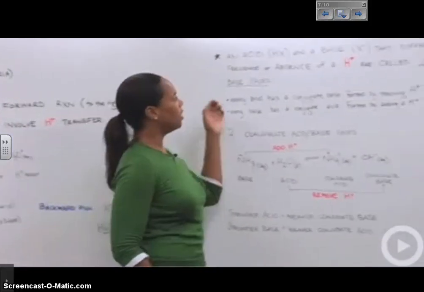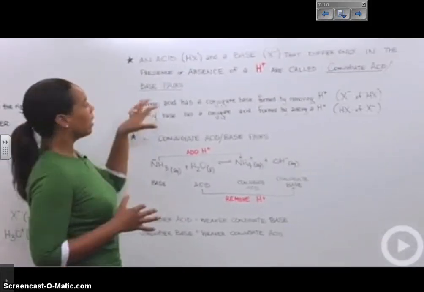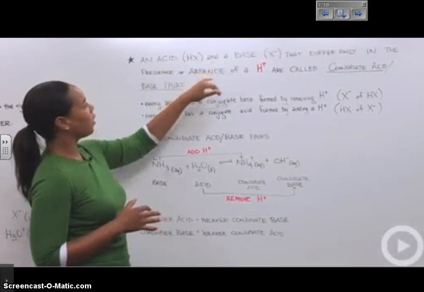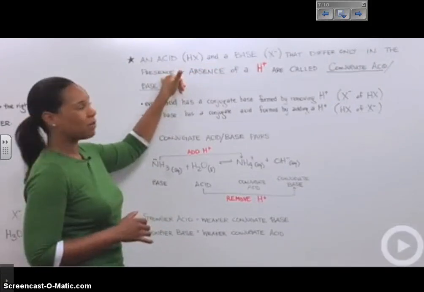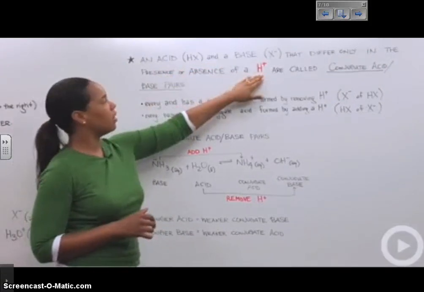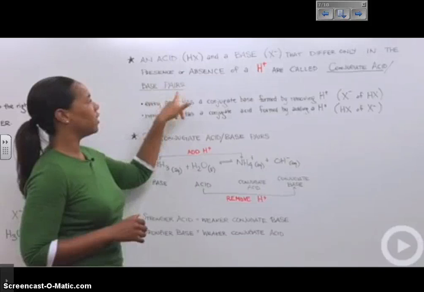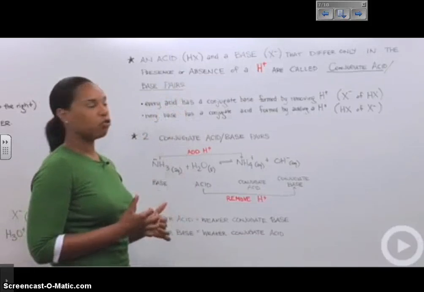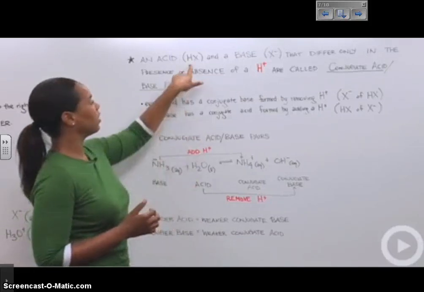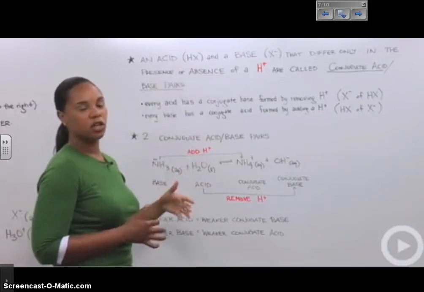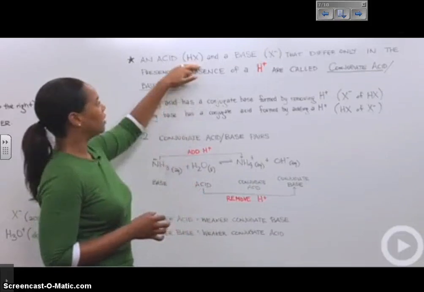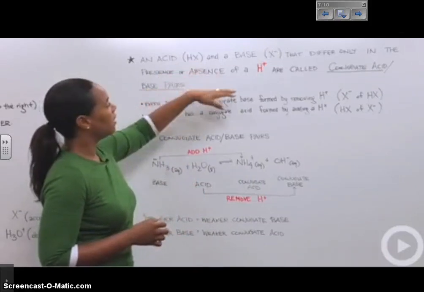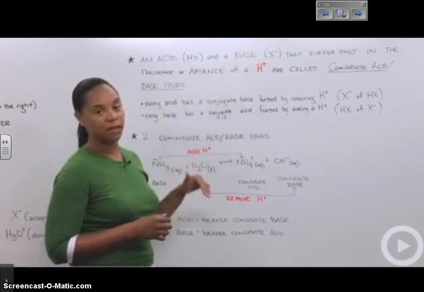So when you have in a system an acid and a base that differ only in the presence or the absence of a proton, we call those a conjugate acid-base pair. In the sample I just showed you, depending on which direction you were looking at the equation, the acid is HX, and its conjugate base is X minus.